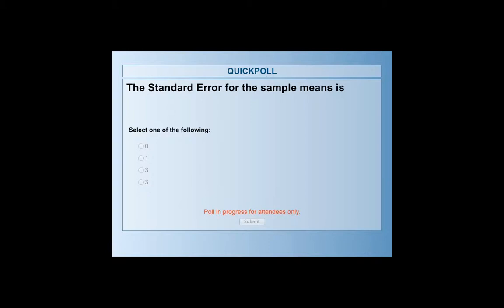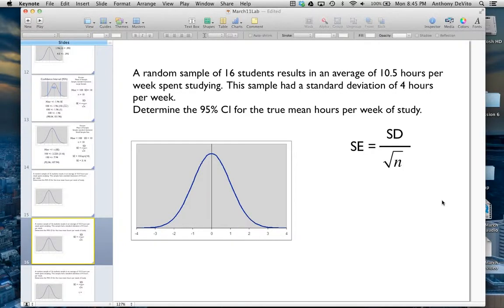Okay, I'm going to close out the voting. We got almost a 50-50 split between 3 and 1. So let's take a close look at this.